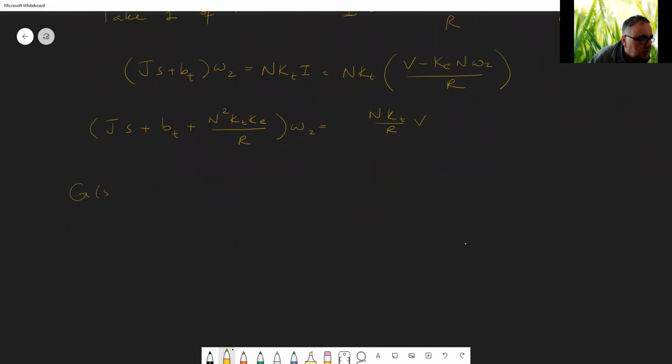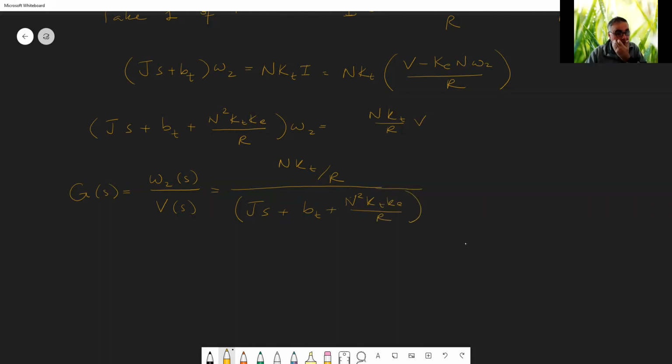So what we are really interested in is omega 2, the transfer function, which we will call, let's say, g of s, which is omega 2 of s divided by v of s, is going to be nkt over r divided by... again, this is a first order.